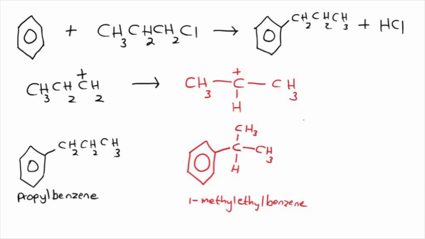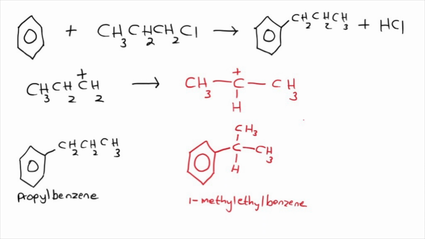Now if you look closely at that electrophile, you'll notice that it's a primary carbocation. There's one alkyl group, CH3CH2, an ethyl group, attached to the carbon with a positive charge. Now primary carbocations are not as stable as secondary carbocations, so that carbocation could rearrange to form the more stable secondary carbocation, which would be a CH3 attached to a C+ and a H attached to another CH3.